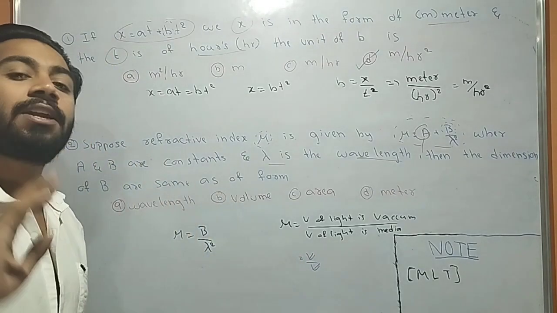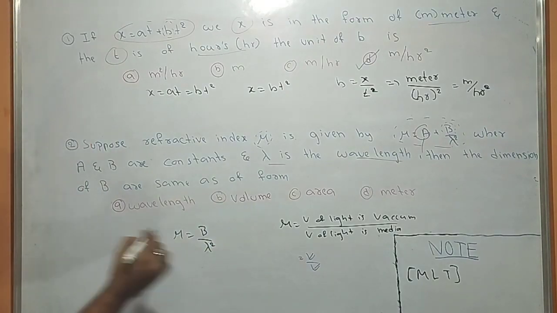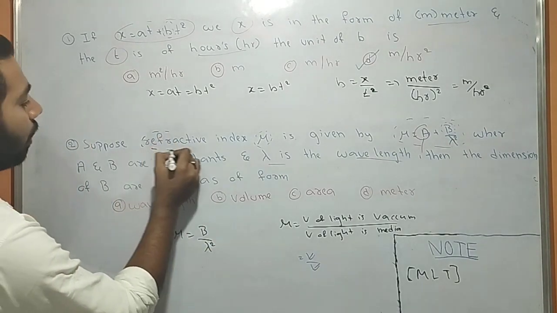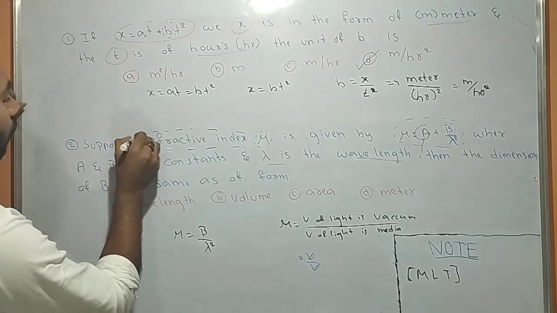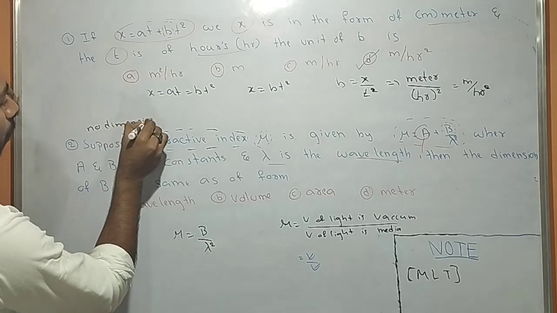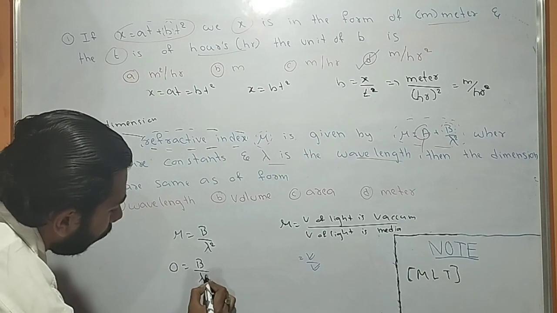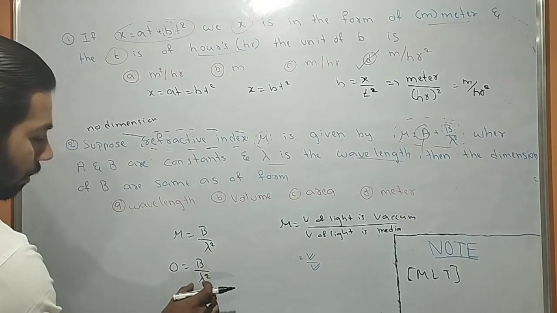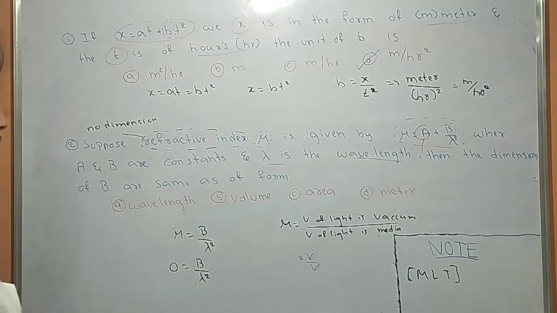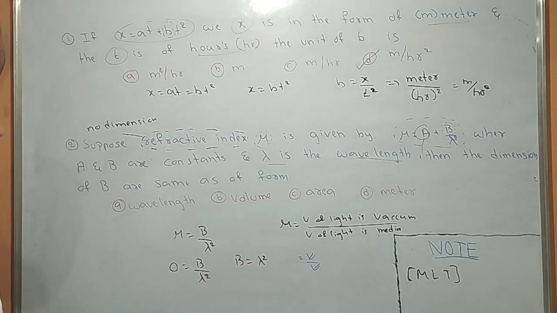Always remember, refractive index has no dimension. I will write this for your convenience: refractive index, no dimension. Then it will become b dimension 0 equals mu into lambda dimension 0. Just simply send this to here. Then you will get b is equal to, now you have got this formula.